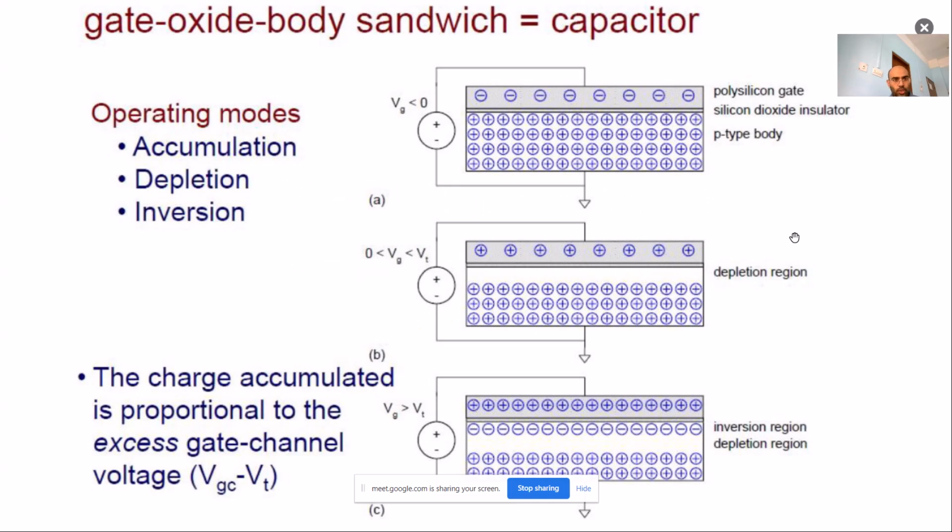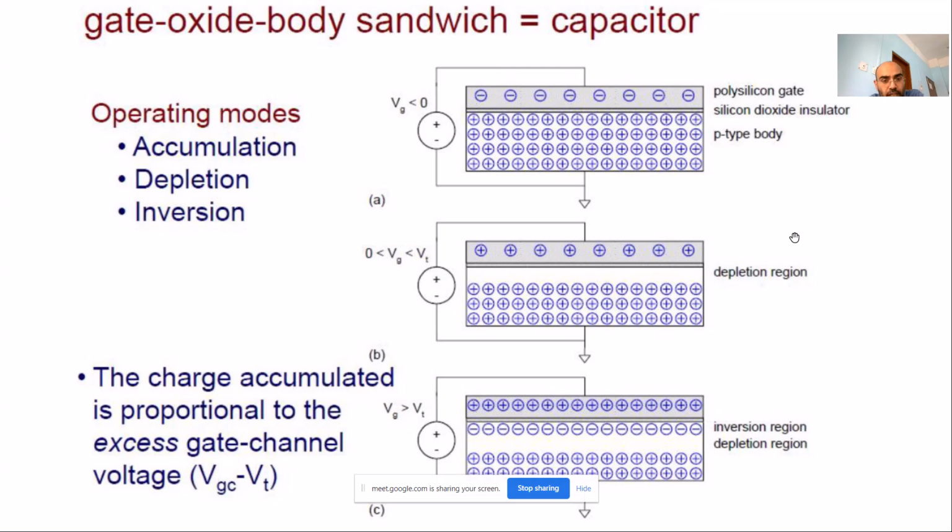In the last class we saw that when we consider our device as a two terminal device, as the gate voltage changes, if the gate voltage is negative, then for NMOS, when your substrate is P type, the device works in the accumulation region.